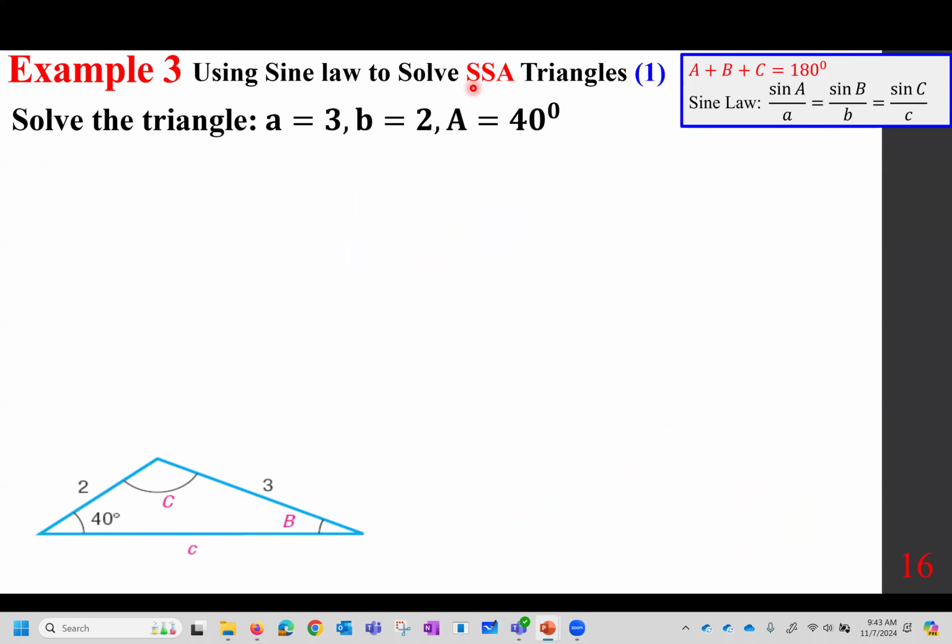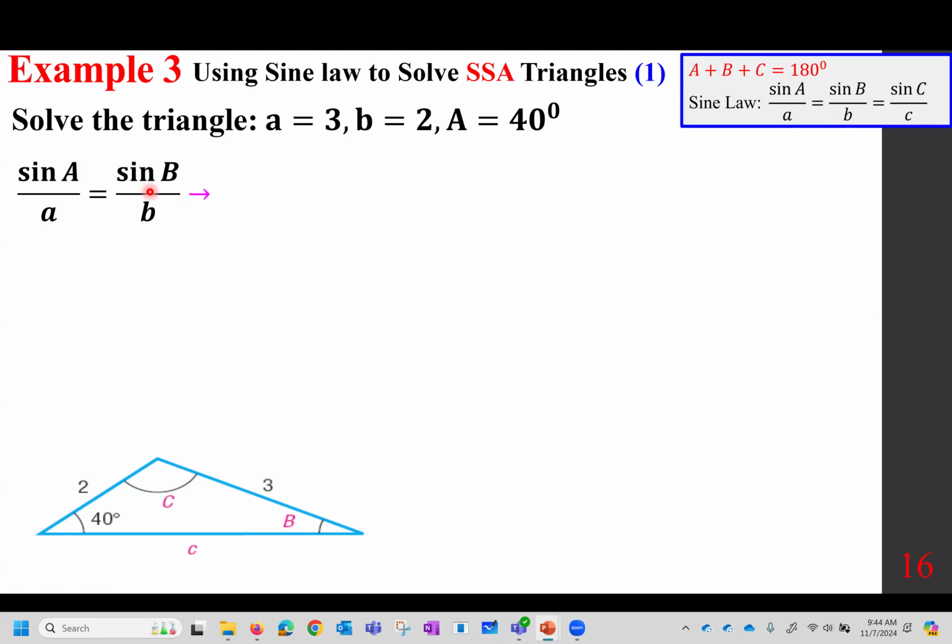Using sine law to solve SSA triangle, solve the triangle when A is 3, B is 2, A is 40 degrees. So this is the given situation, everybody. Sine A over A equals sine B over B. And this is sine of 40 degrees.